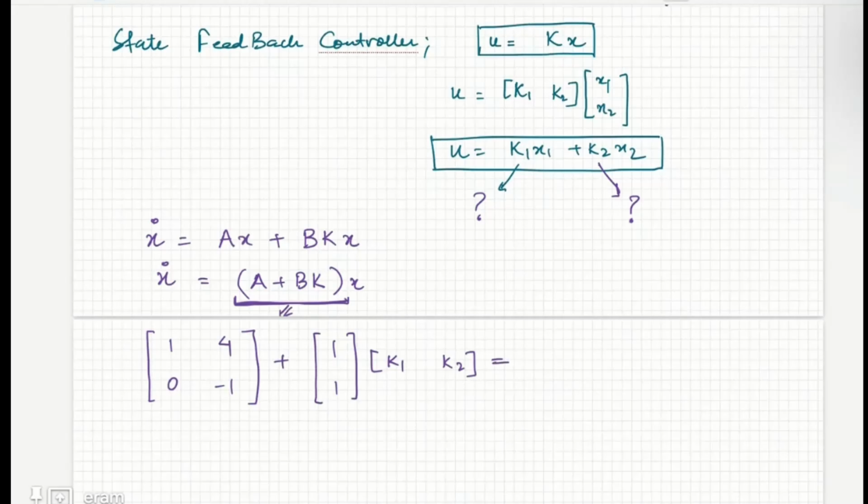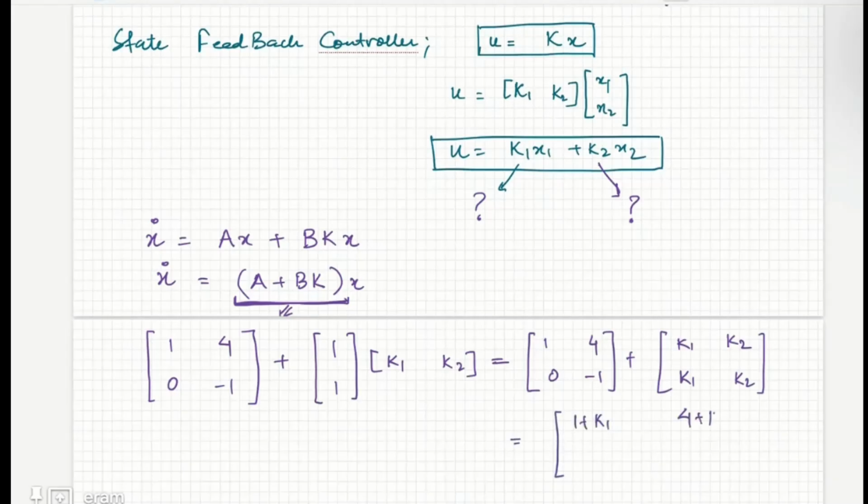This equals [1 4; 0 -1] plus [K1 K2; K1 K2]. So it is [1 plus K1, 4 plus K2; K1, -1 plus K2].